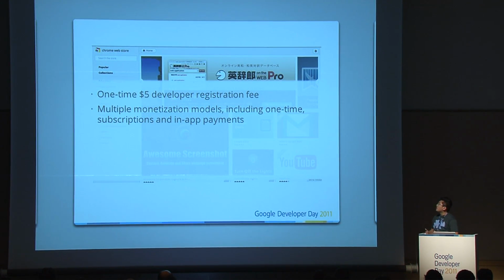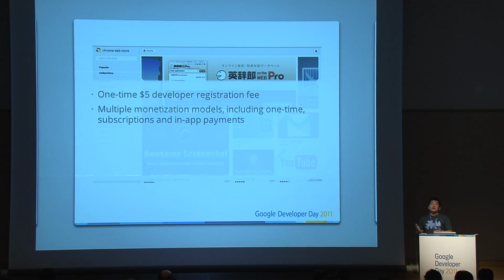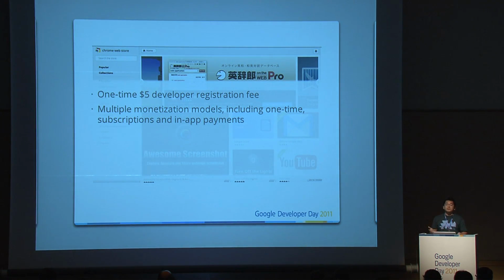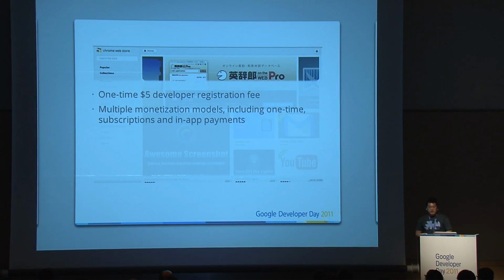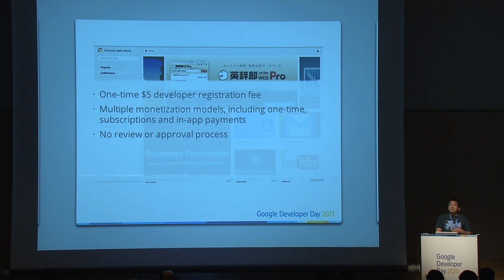These include one-time payments, so pay up front. Say you want to sell your game for 99 cents or $1.99. Subscriptions, so every month or every 2 months, you charge your customer a fixed amount. And lastly, in-app payments, which is something called the freemium model that I'll be talking about a little bit later in this presentation. We also have no review or approval process.